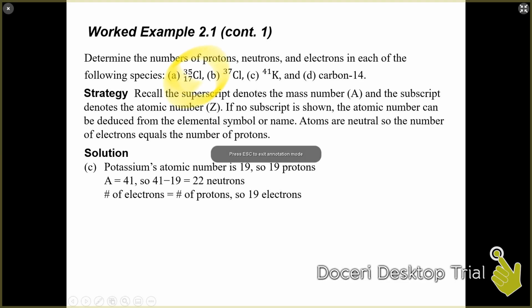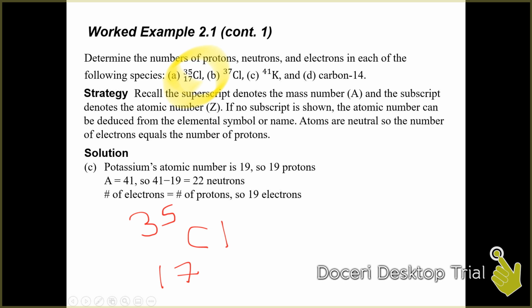Okay, so I take this one. Chlorine, 17 and 35. Determine the number of protons, neutrons, and electrons. The number of protons is the atomic number, which is 17. For the number of neutrons, 35 is the sum of both protons and neutrons, so this is the mass number.